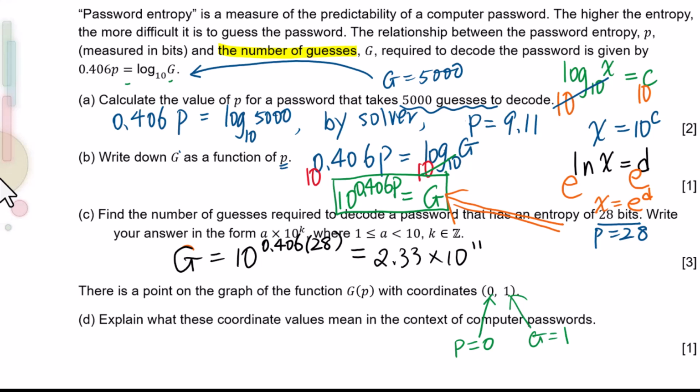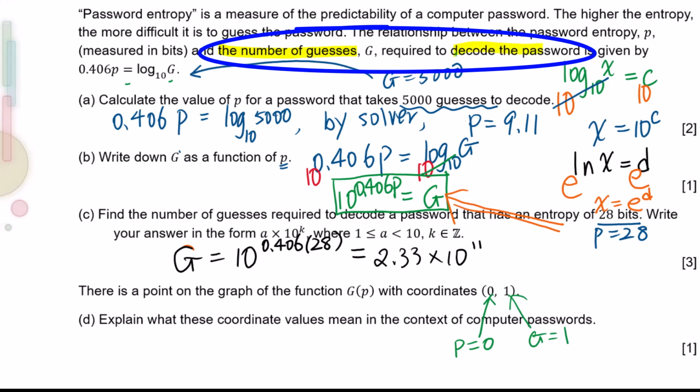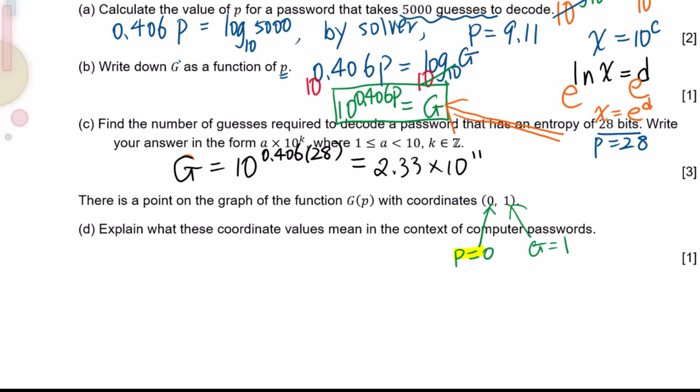P is password entropy. G is the number of guesses to decode the password. When you answer this question, you have to write down the entropy is 0 and the number of guesses is 1 to decode the password.